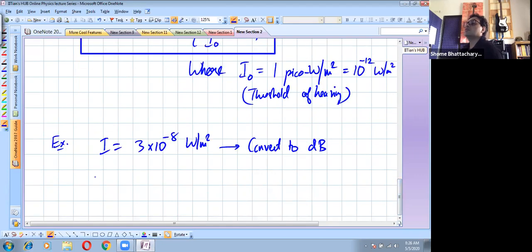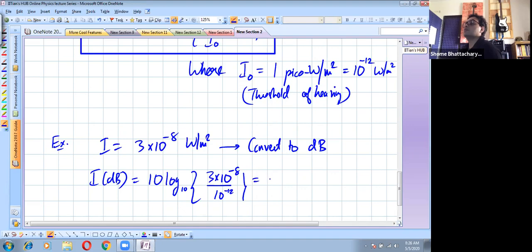We use that formula. That intensity in decibels will become 10 times log of this intensity in watt per meter square, that is 3 into 10 raised power minus 8, divided by this intensity, 1 picowatt per meter square. This becomes 10 log of 3 into 10 raised power 4, as you can see.